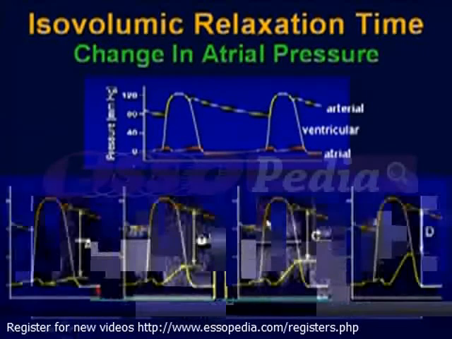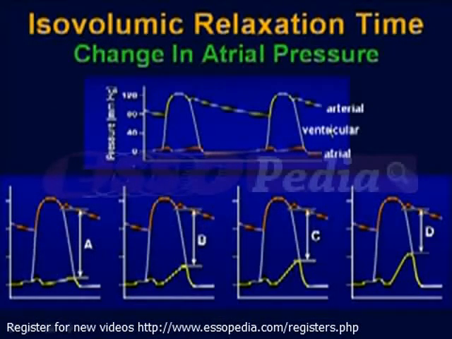If we look here at this Wiggers diagram, where we see arterial pressure, LV pressure, and atrial pressure, as atrial pressure increases, the time from aortic valve closure to mitral valve opening shortens, or the IVRT decreases.